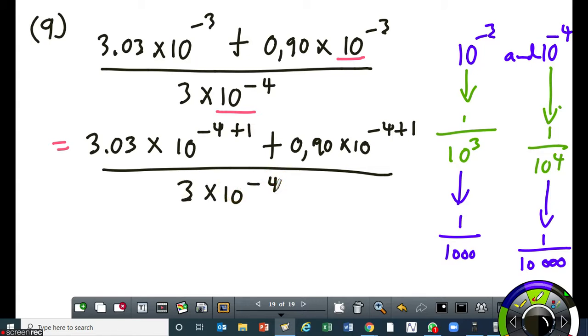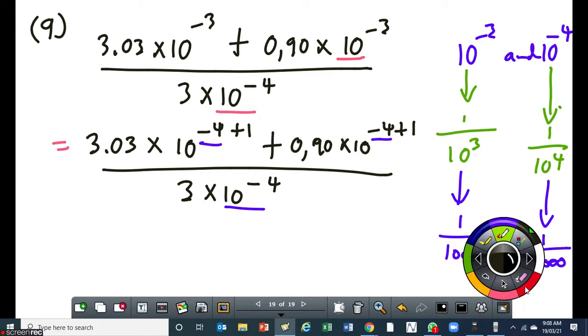So I'm creating the common factor, which is 10 to the power of minus 4. By doing this, wait.